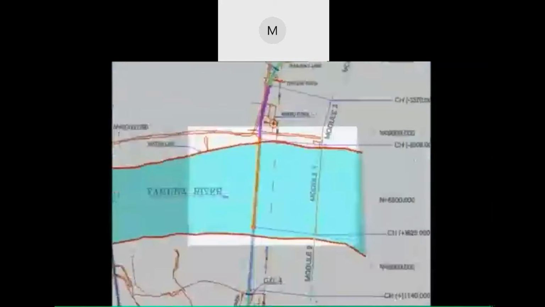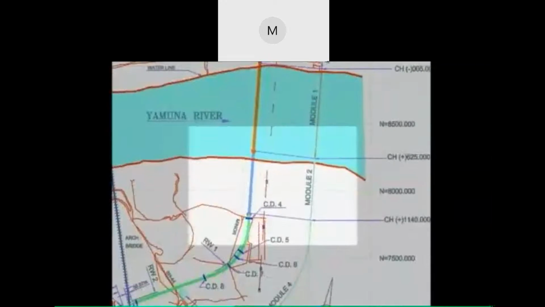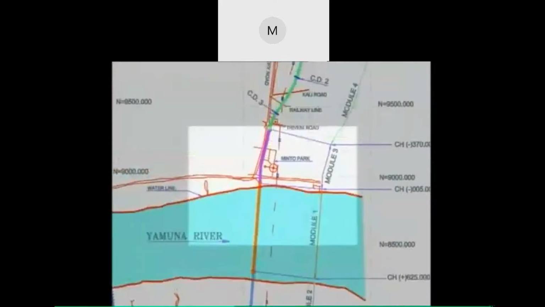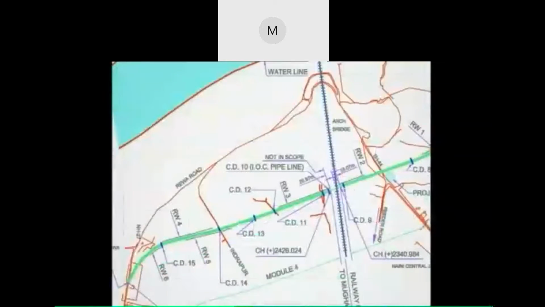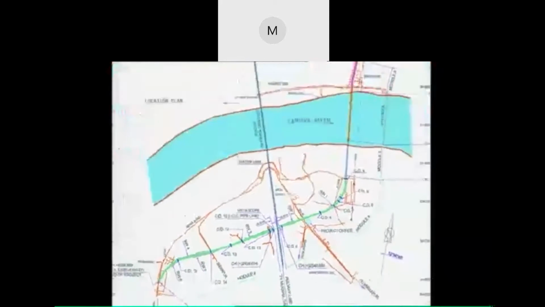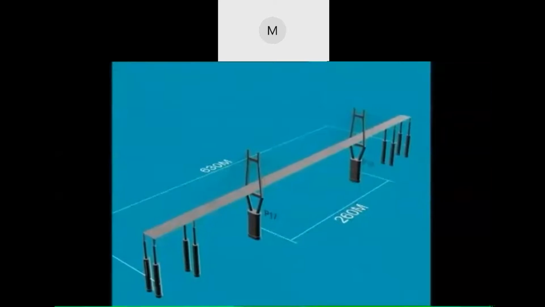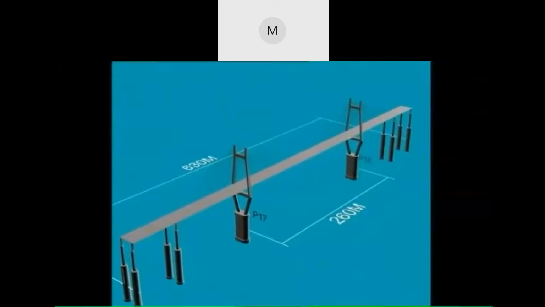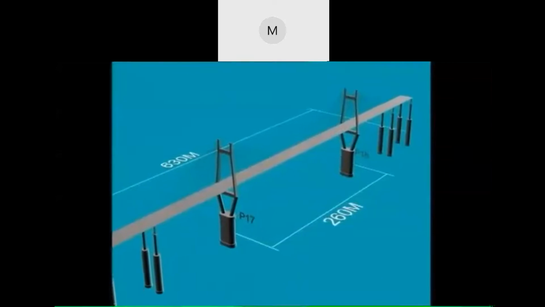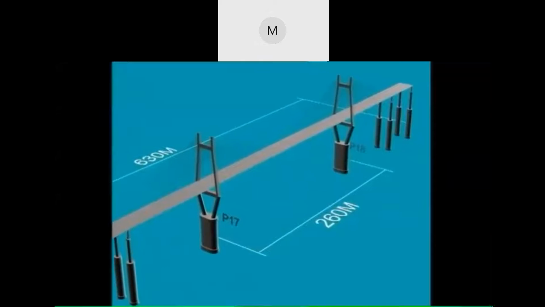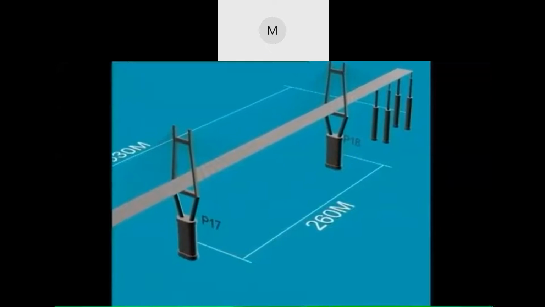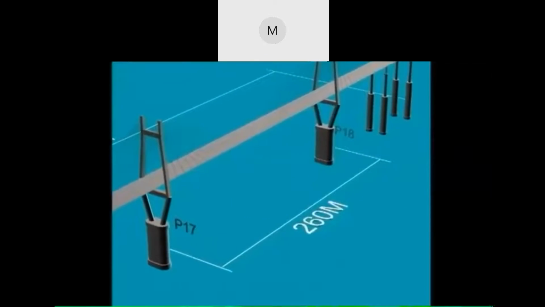For speedy and systematic completion of the work, the entire scope of the work was divided into 4 independent modules. Module 1 contains cable stayed portion of 630 meters length with central span of 260 meters, supported on double D well foundations with depth up to 40 meters.